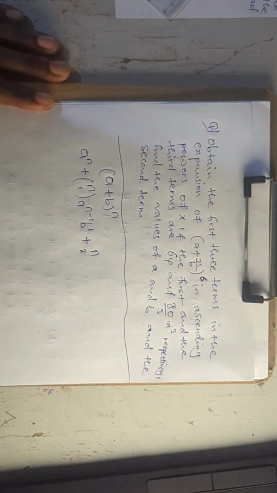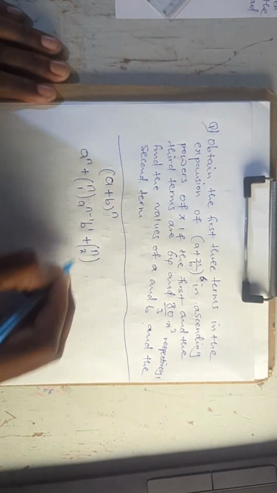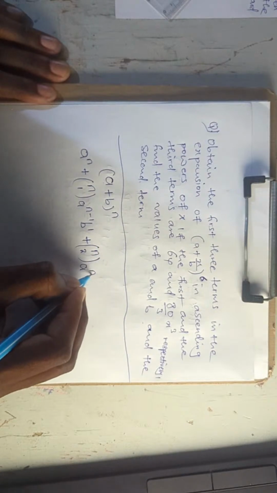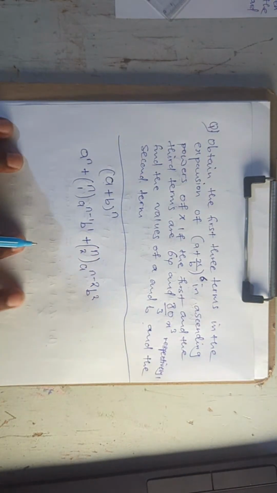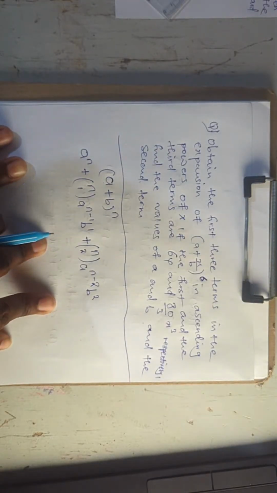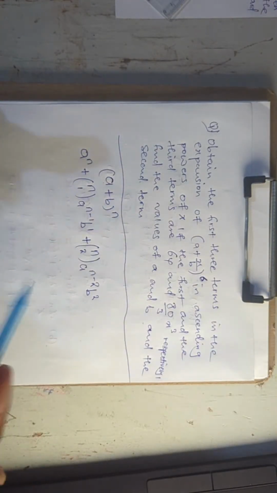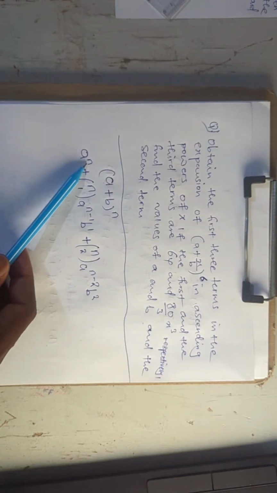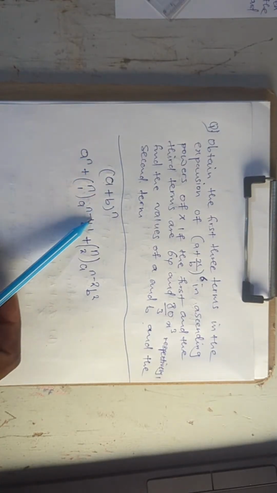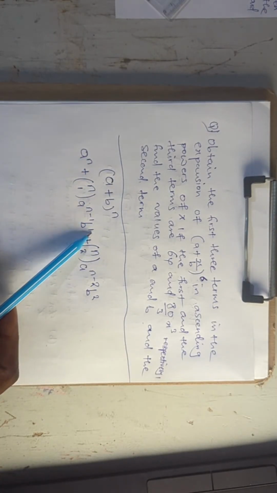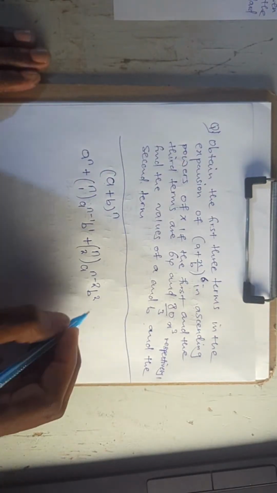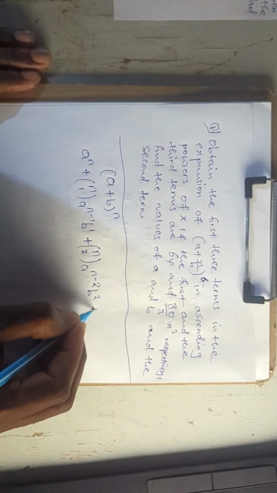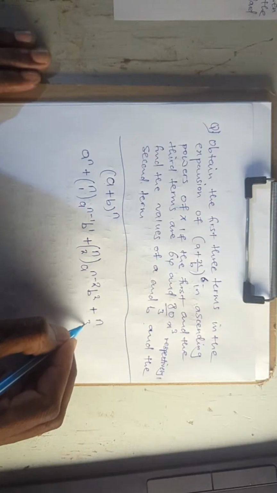Then here we have a power of n minus 2, b2. This is exactly the same as Pascal's triangle, but if you check, this one keeps on reducing by 1. Here it reduces by 1, this one is increasing. There it reduces by 2, this one is increasing. So what are we going to do in this case? We'll end on the part where we're going to have n.